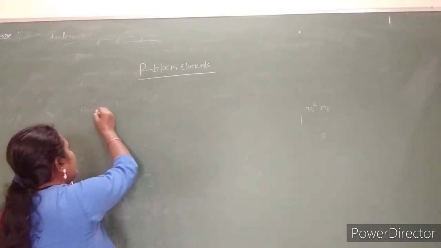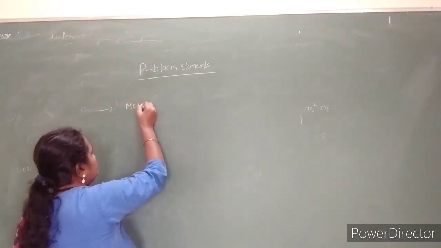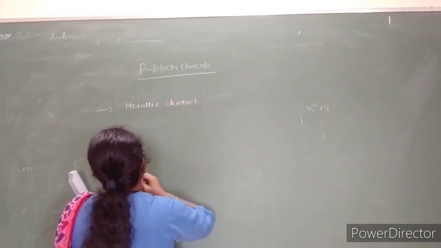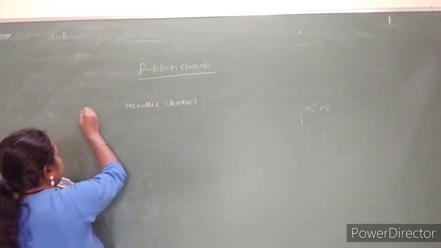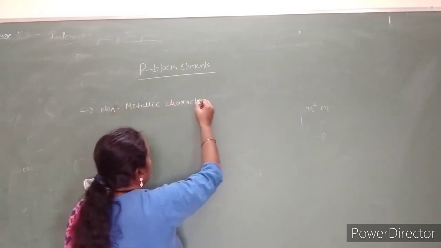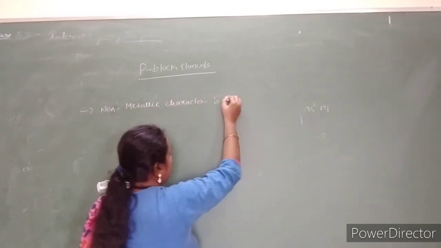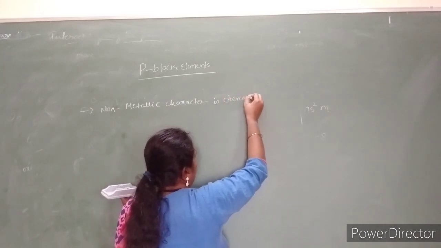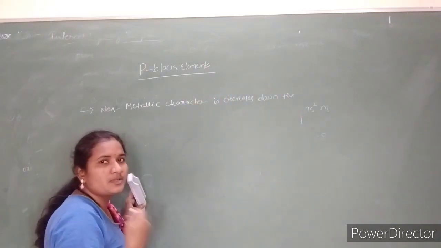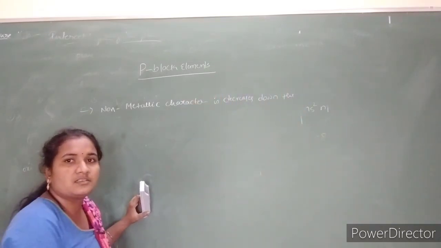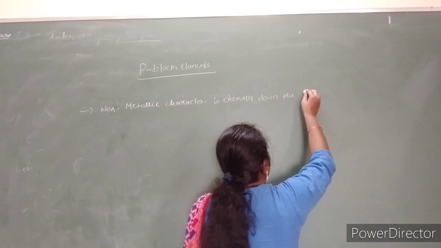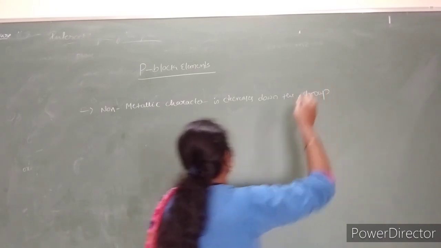So the non-metallic character decreases down the group; as we move down the group, the metallic character arises.